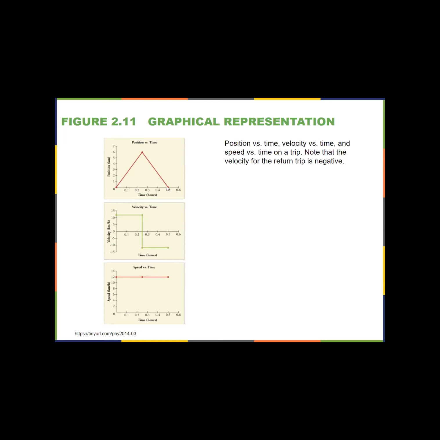All right, so in this case, you can see your velocity versus time. The overall velocity is 0, but for a particular part of it, the onward part, it's this displacement divided by time, so 6 divided by 0.25, which is 12.